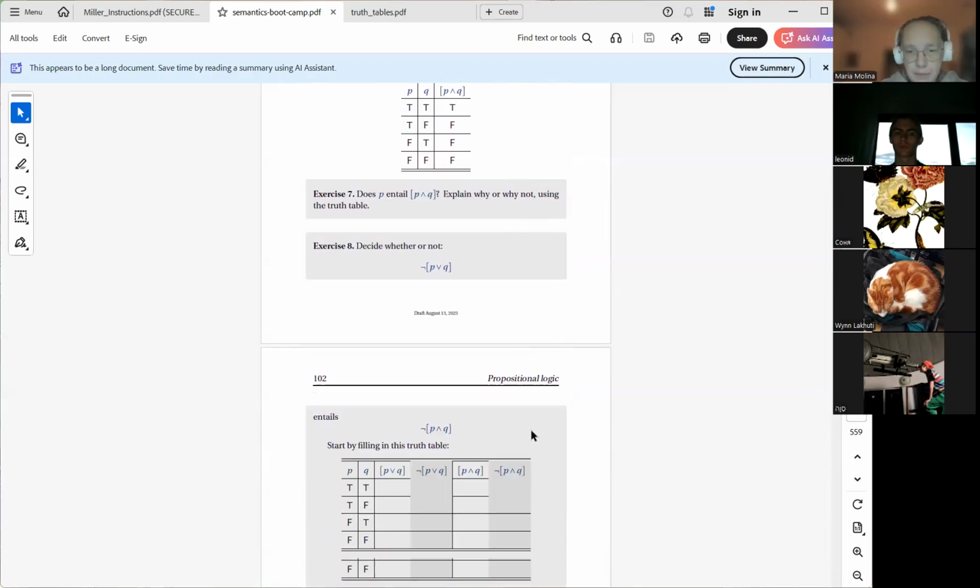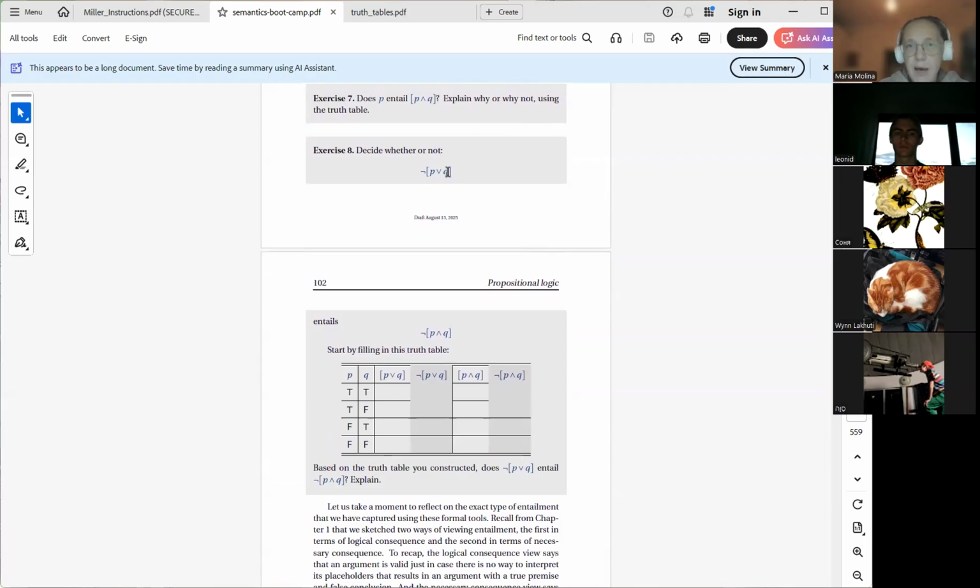Now, we have a negation of P or Q, and the question: does the negation of P or Q entail the negation of P and Q? Okay?